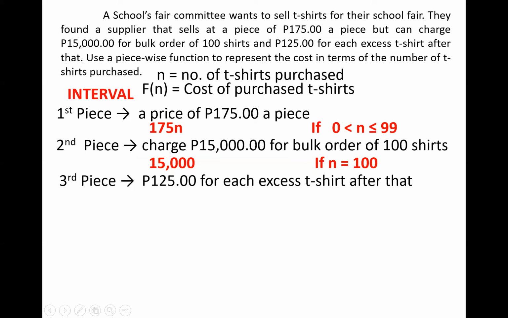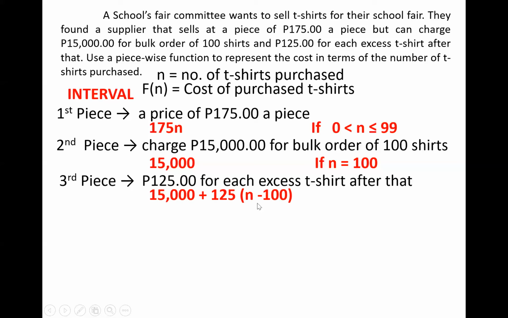Third piece naman, analyze to be able to generate our third sub-function. Sabi dyan, 100 pesos ang bawat isang sobrang t-shirt doon sa bulk order natin na 100 shirts. Okay? So therefore, 15,000 plus yung context no, na kapag sumobra ka sa 100, yung sobrang t-shirt doon, ang presyo ng bawat t-shirt is equal to 125.